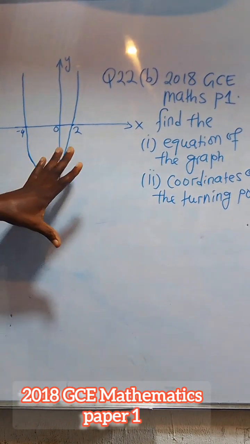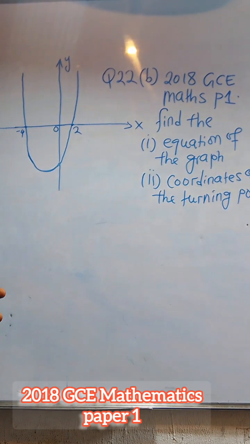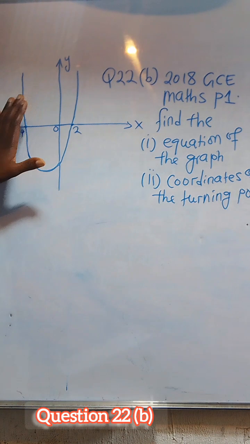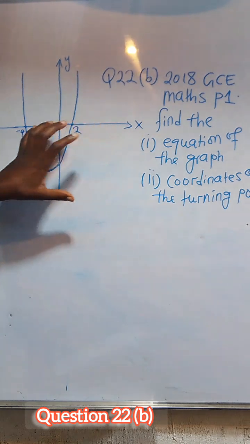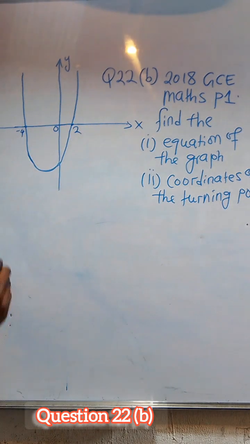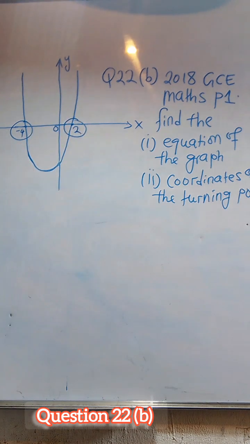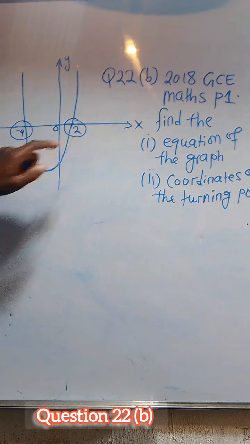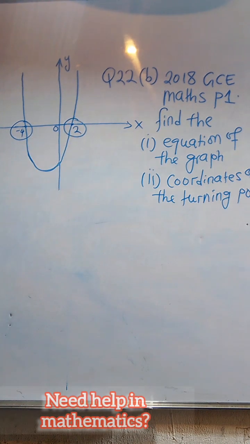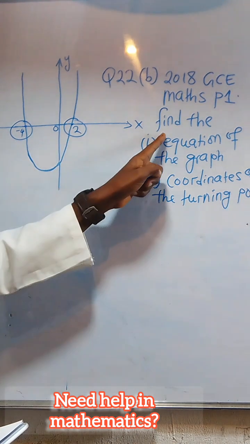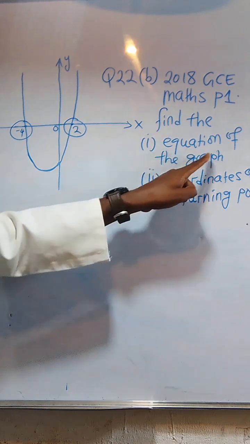When you look at the graph, the question says that this diagram is a sketch of a graph which meets the x-axis at these 2 points, which are -4 and +2. So the question is: find the equation of the graph.